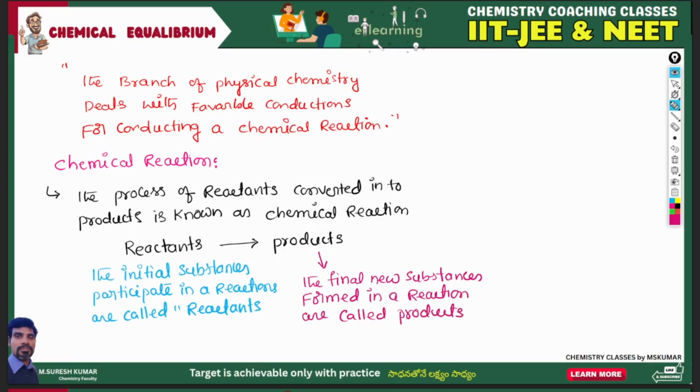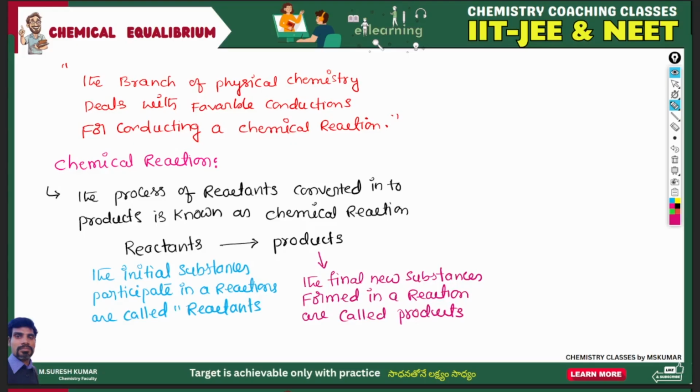So reactants means the initial substances that participate in a reaction. The reactants converting into products is known as a chemical reaction. The new substances formed in a reaction are called products. Clear?